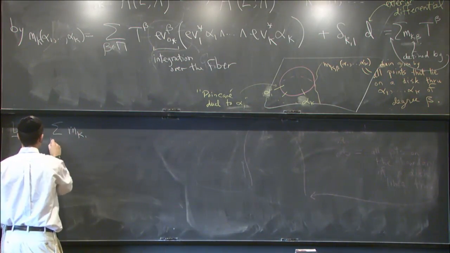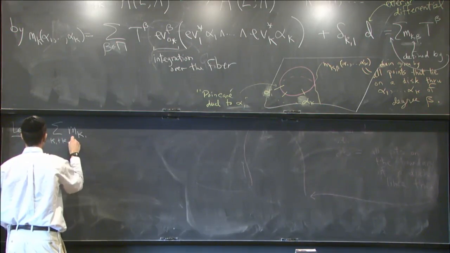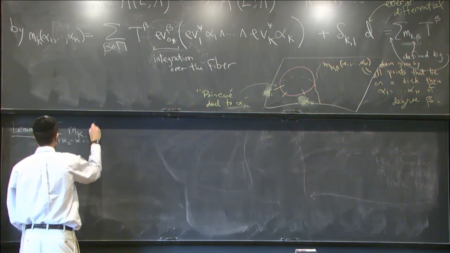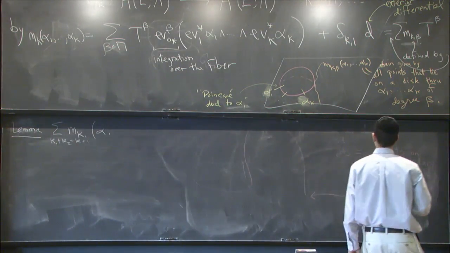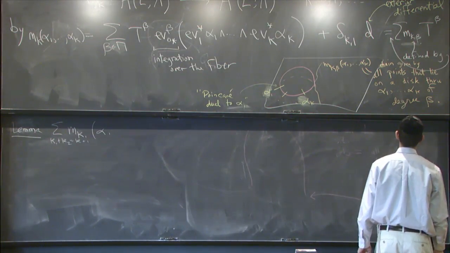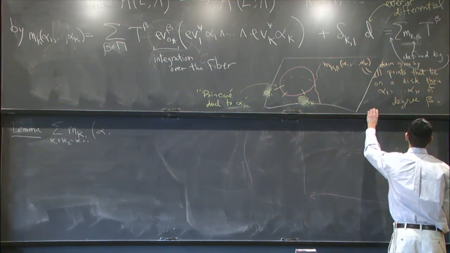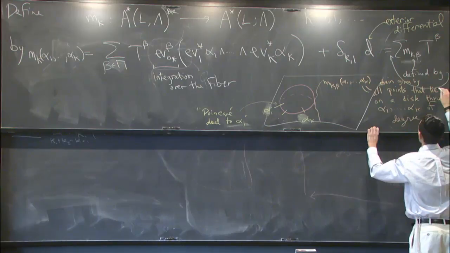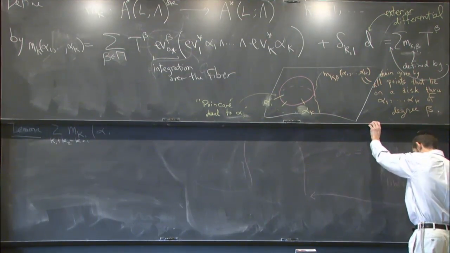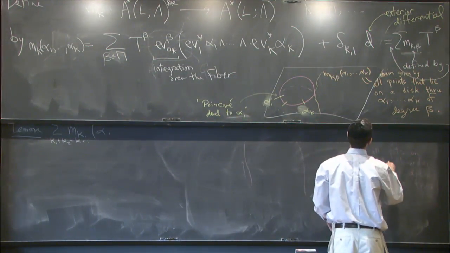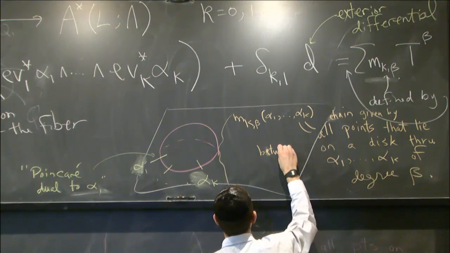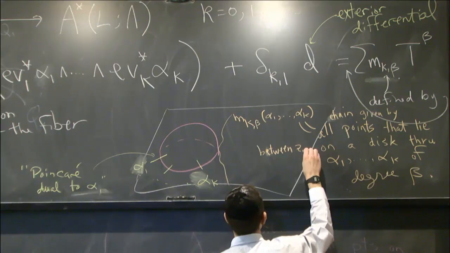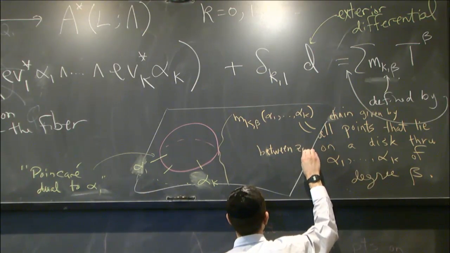And also, the point you say on the boundary is not the whole one because you want to order it. Yes, thank you. All points that lie on a disk through alpha 1 up to alpha k, lying at position 0, between z1, zk, and z1.